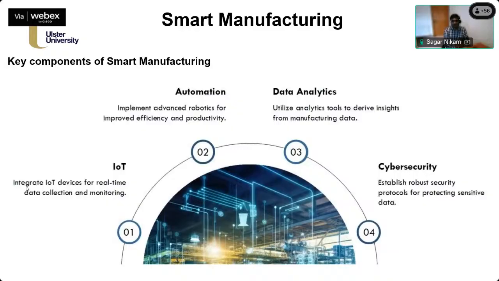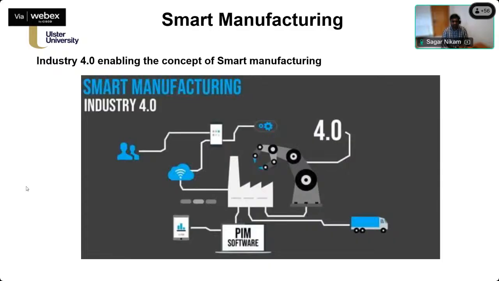And cyber security. So these are the four key components in smart manufacturing, which help the manufacturing process to be smarter. And Industry 4.0 is the main pillar of smart manufacturing, which connects the customers, the supply chain, and every element within the factory to make the process smarter.